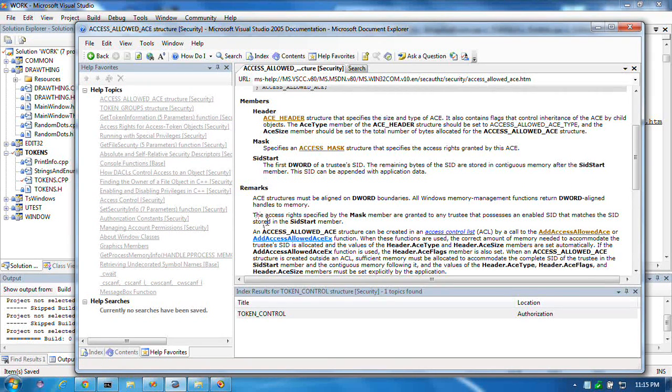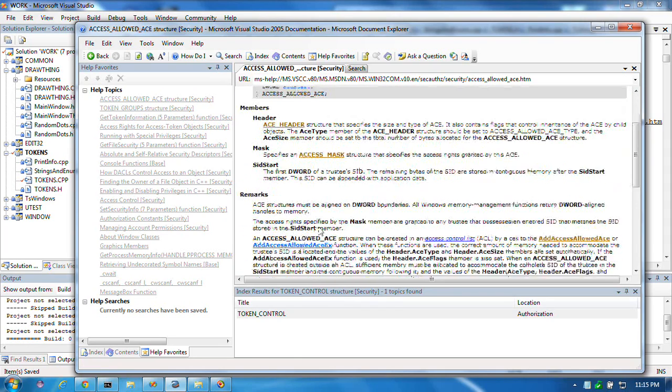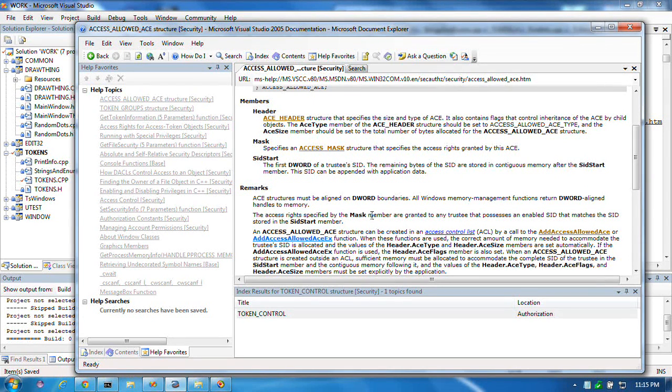Now it says this: the access rights specified by the mask, that's the access thing, are granted to any trustee that possesses an enabled security identifier that matches the SID stored in the SID member. Now, see, some of this is starting to make a little sense. For one thing, I would have been confused before by the use of the word "and."